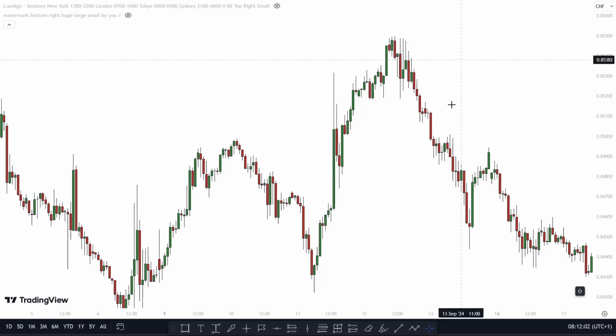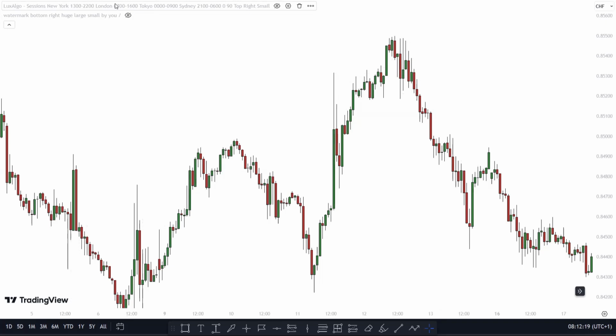The first thing you want to look out for is to get your tool. The tool we are going to be making use of, you have to go to your indicators. Once you go to your indicators, you want to look for the Lux Algo sessions.